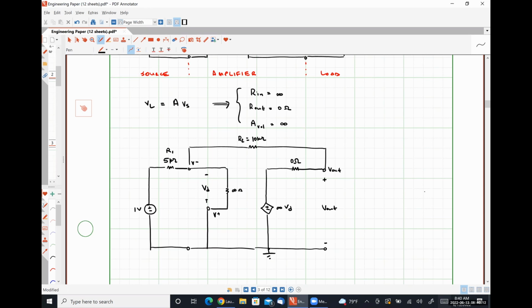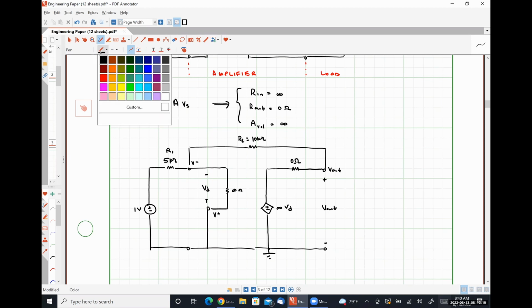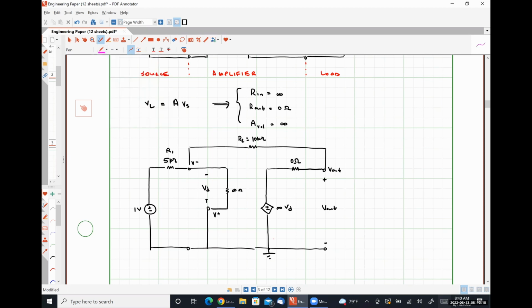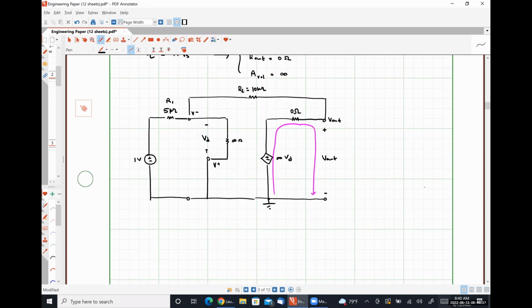If we write a Kirchhoff's voltage law equation around this loop, so this is KVL at our output loop, what we find is that infinity times VD is equal to V out.